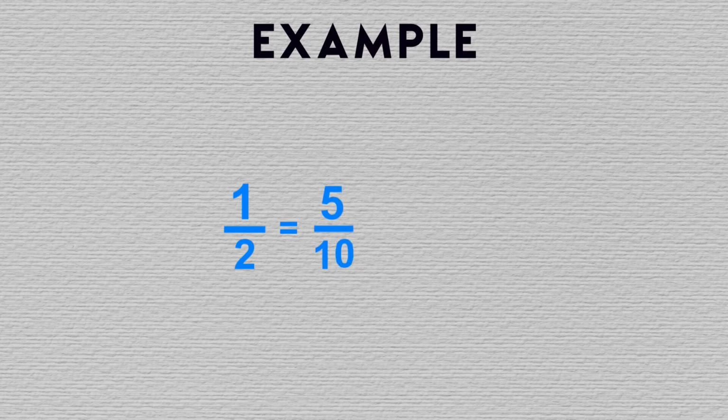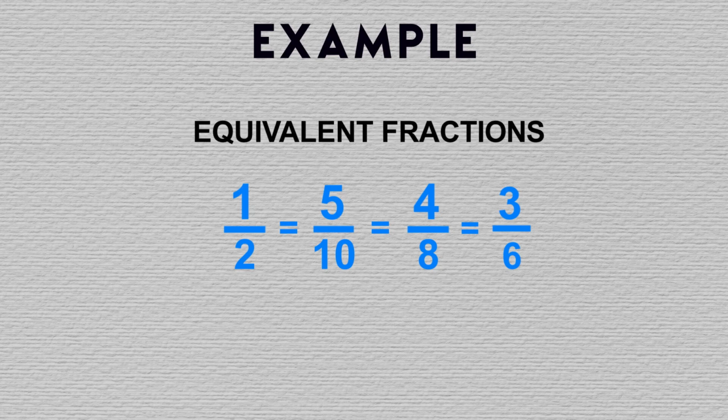For example, 1 over 2 is equal to 5 over 10, which is equal to 4 over 8 and 3 over 6. These are all equivalent fractions. You can draw different rectangles to check, and you can have infinite equivalent fractions for a fraction.